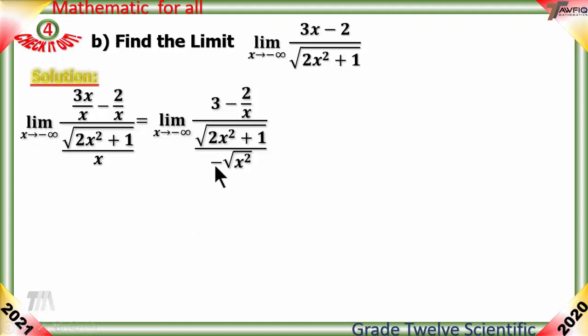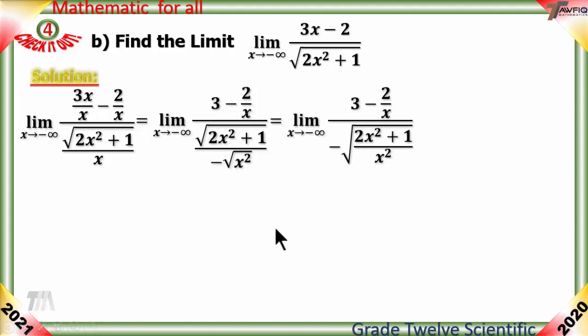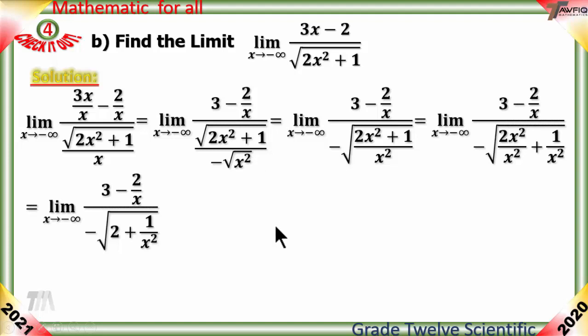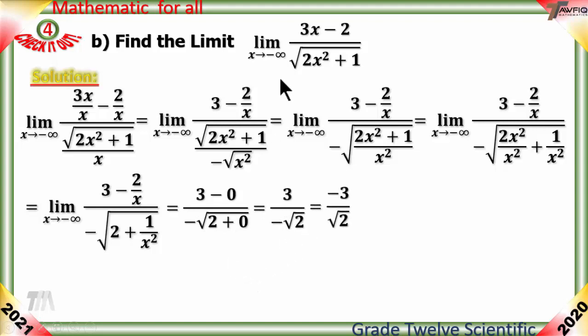And now taking this x squared under the square root and finding the limit, it becomes 3 over minus square root of 2. And now by using the fast way, by multiplying this minus with the positive, minus times positive is minus, so it becomes minus.